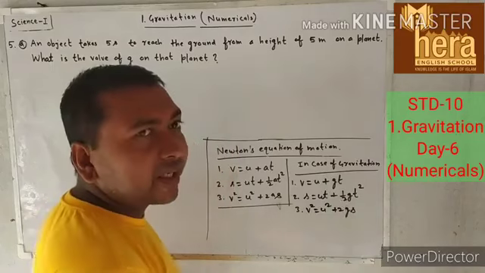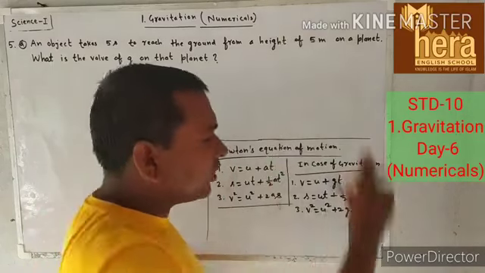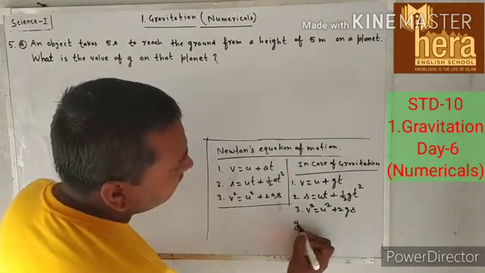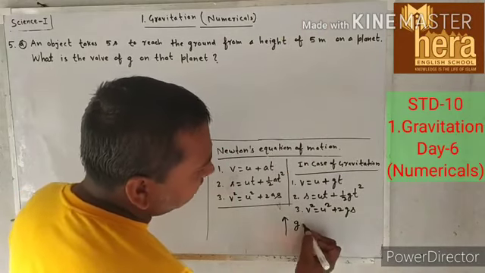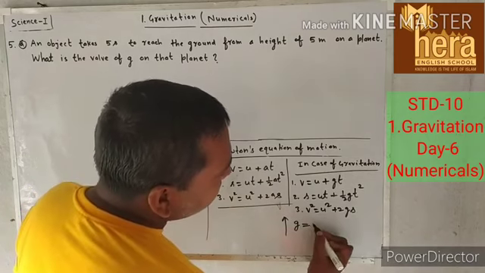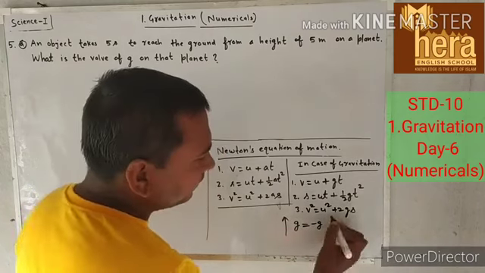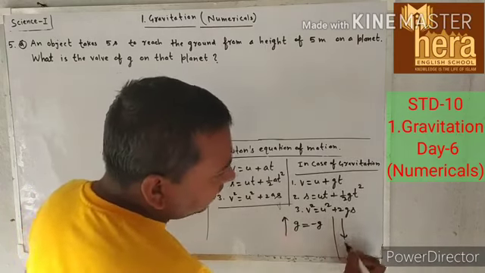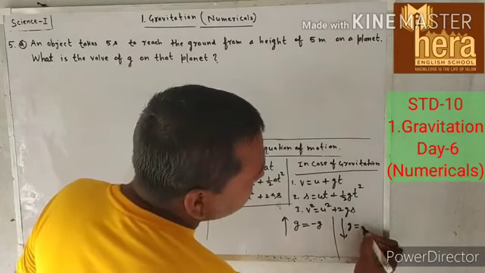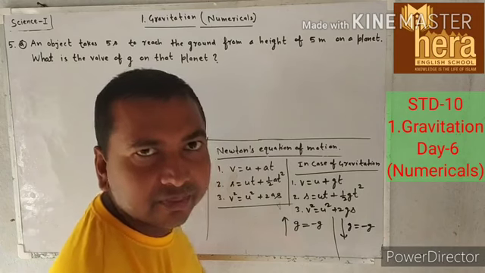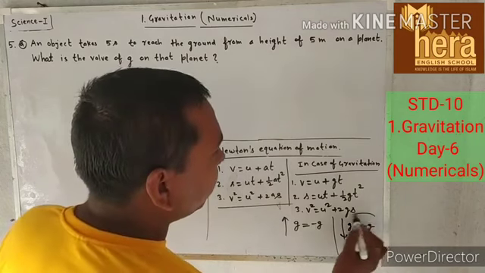If the object is moving in upward direction, in that case you have to use minus G, and if the object is coming down, in that case you have to use G is equal to minus G. Understood? This is important.